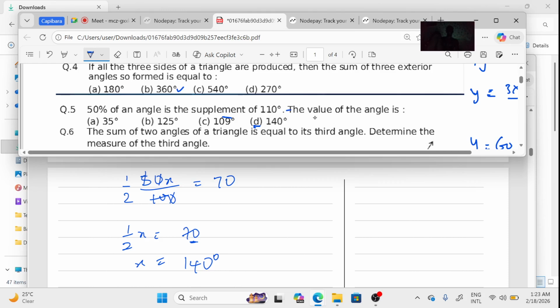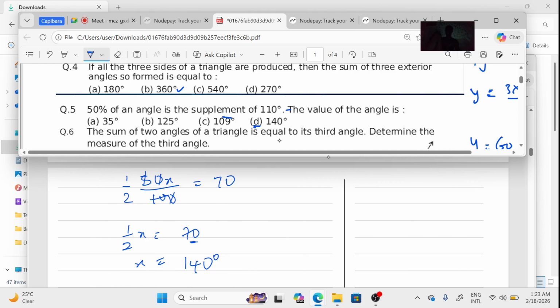So they're now telling you to find the value of the angle whose 50% is the supplement of 110. That's what they ask you. So it's 140 degrees, that is, 50% of it is the supplement of 110.